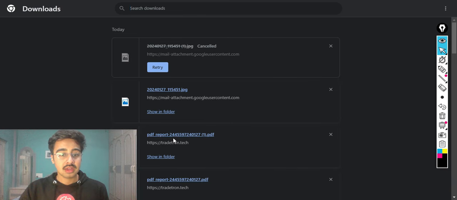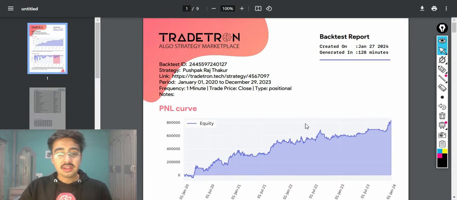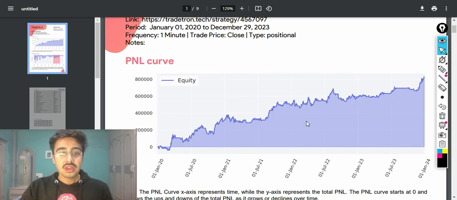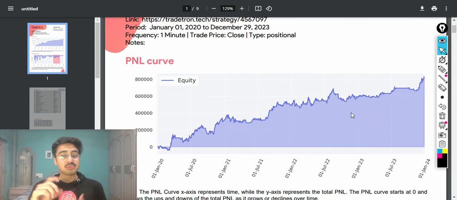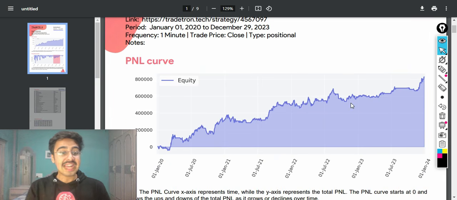So let's look at the backtest report that is generated for this thing. And yeah, so once we open the report, you will see that this strategy is basically having a fairly good P&L curve, which means it is able to capture my directional trend very well. With that said, do note that since this is a futures based strategy, the margin out here for the two lots would be anything close to around 4.5 to 5 lakhs.